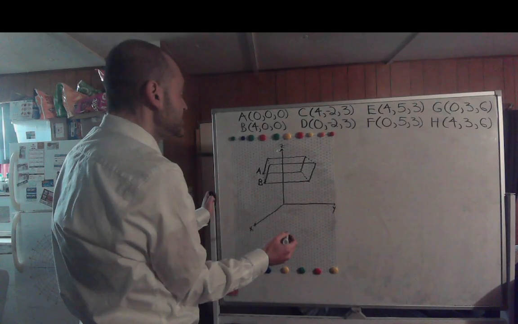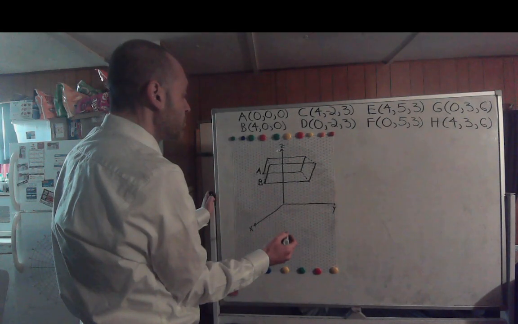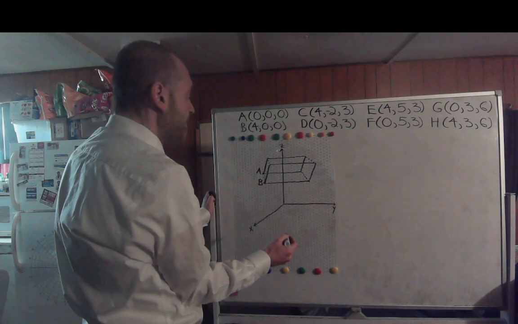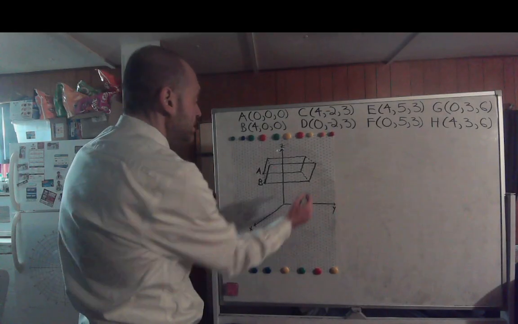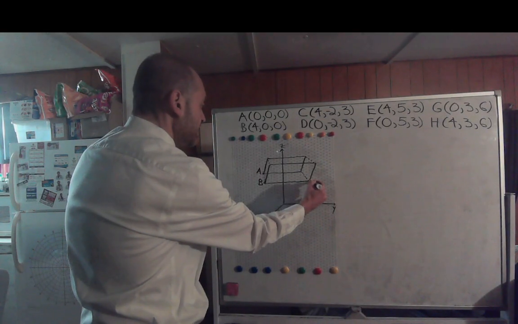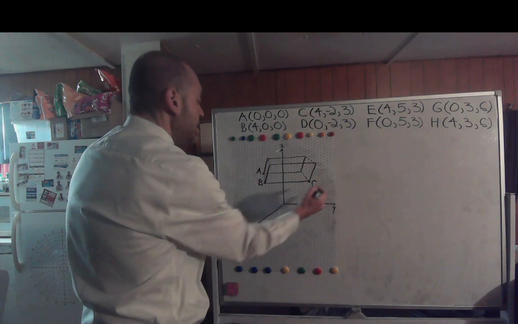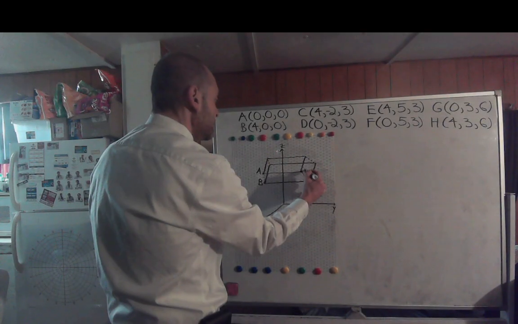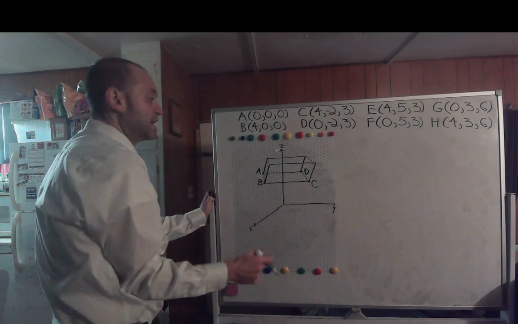And then C could be 4, -2, 3. So we'll call this C. And then we'll call this back here vertex D, which would be 0, -2, 3.